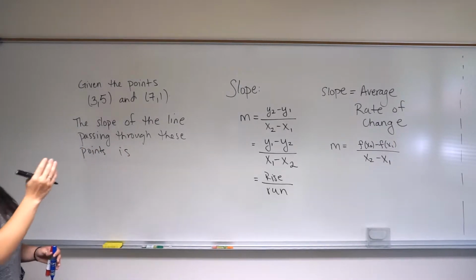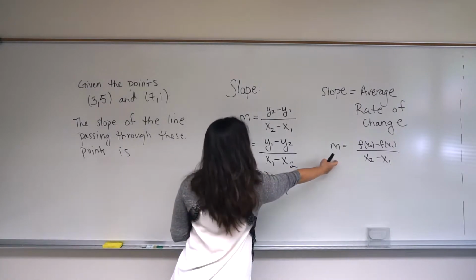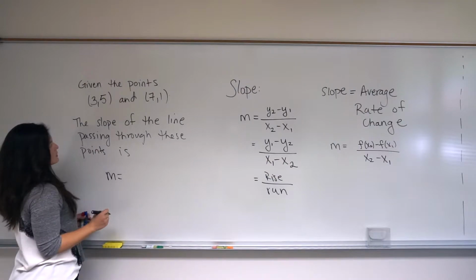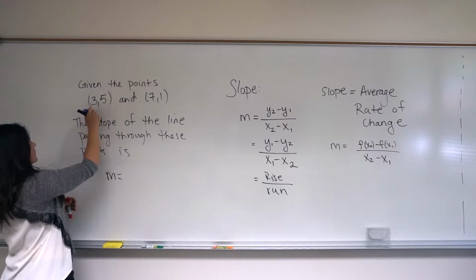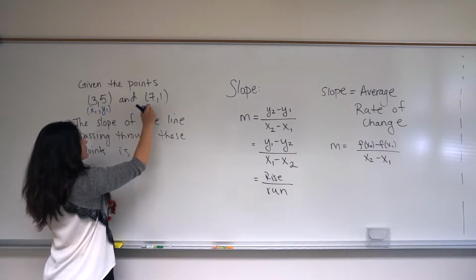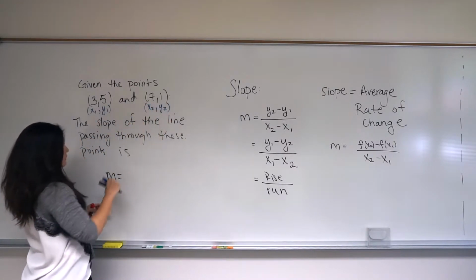is, and we can use this formula that we just discussed, m is equal to, let's label these x1 and y1. And let's label this one as x2, y2.